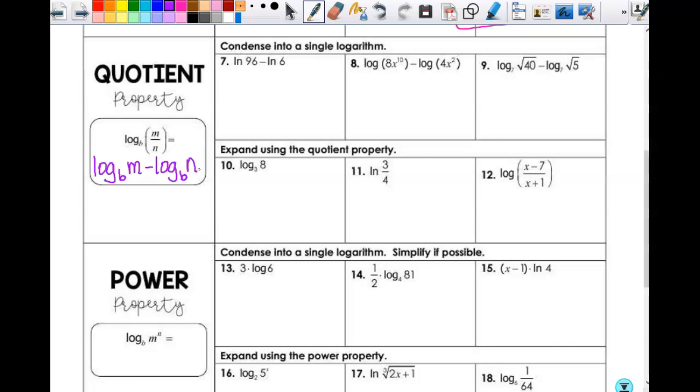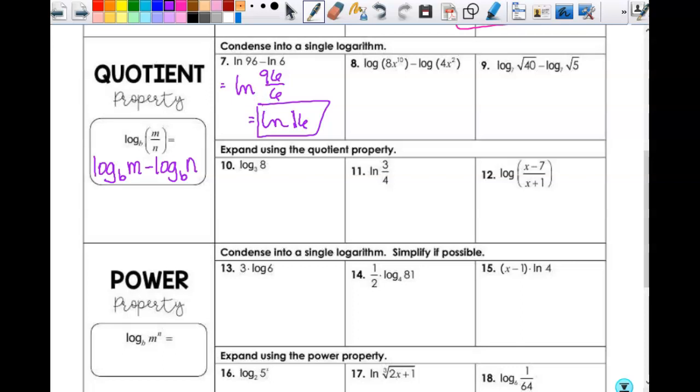All right, so then this here, I'm subtracting two logs with the same base, so this is going to give me the natural log of 96 over 6. What does that become? 16. There you go, 16.